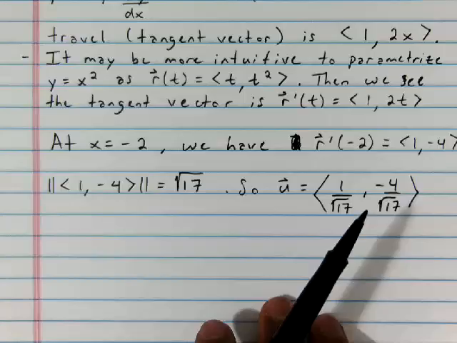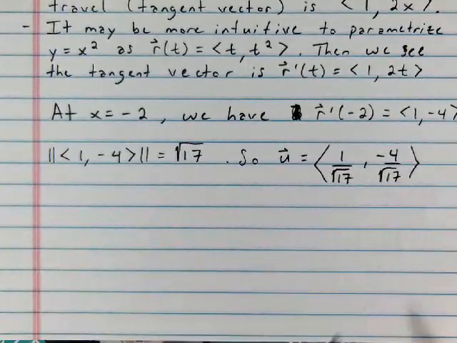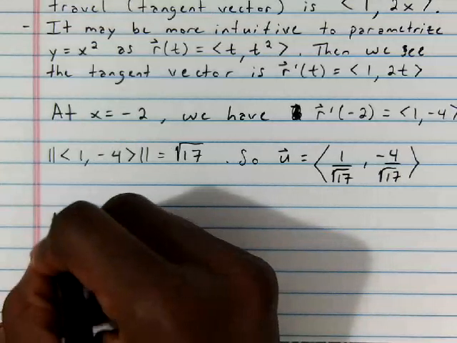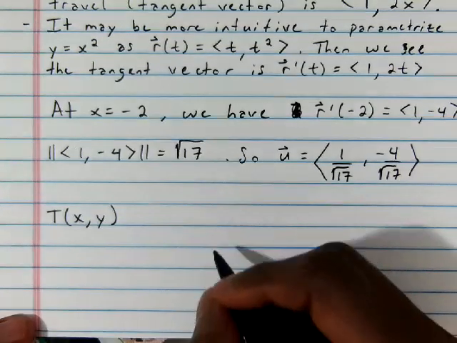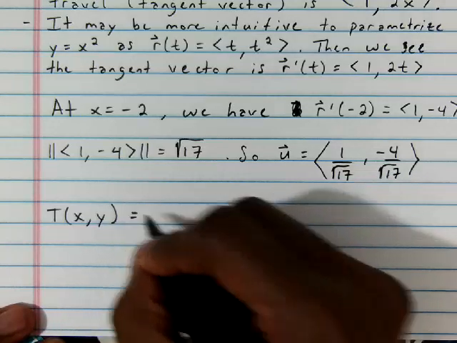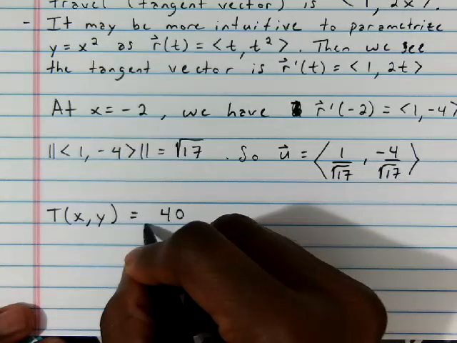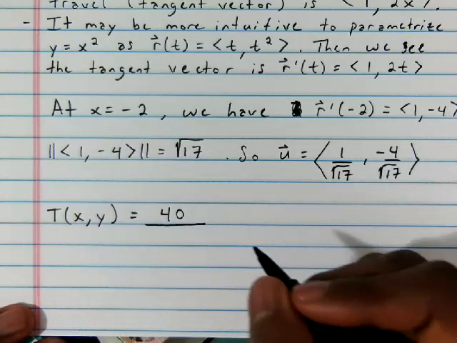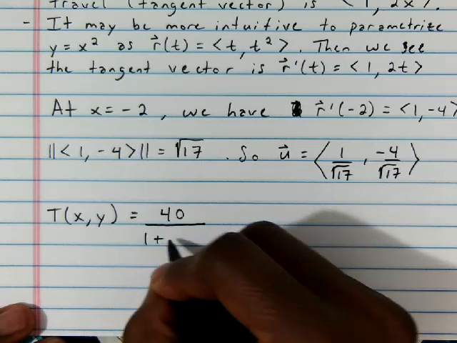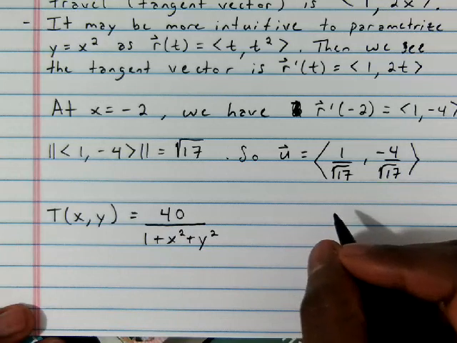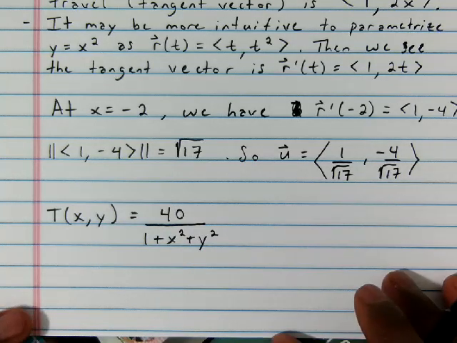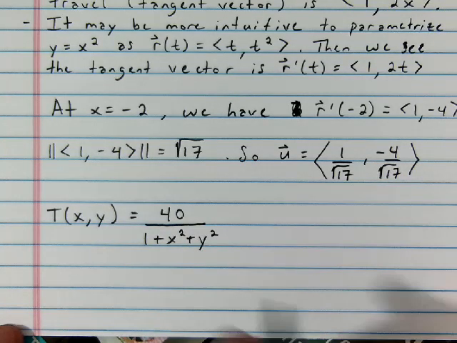All right, so now the function that they gave us was T of x y equals 40 divided by 1 plus x squared plus y squared. So we need the partial of this with respect to x and the partial of this with respect to y.